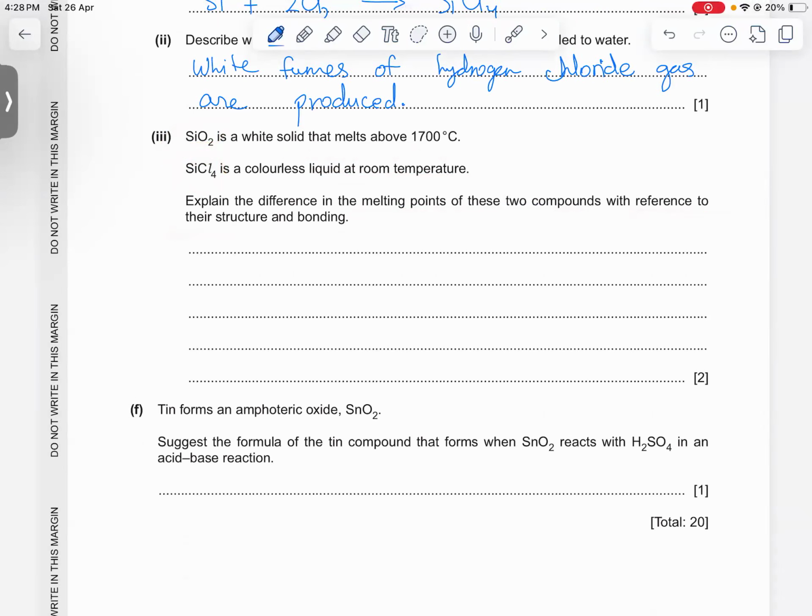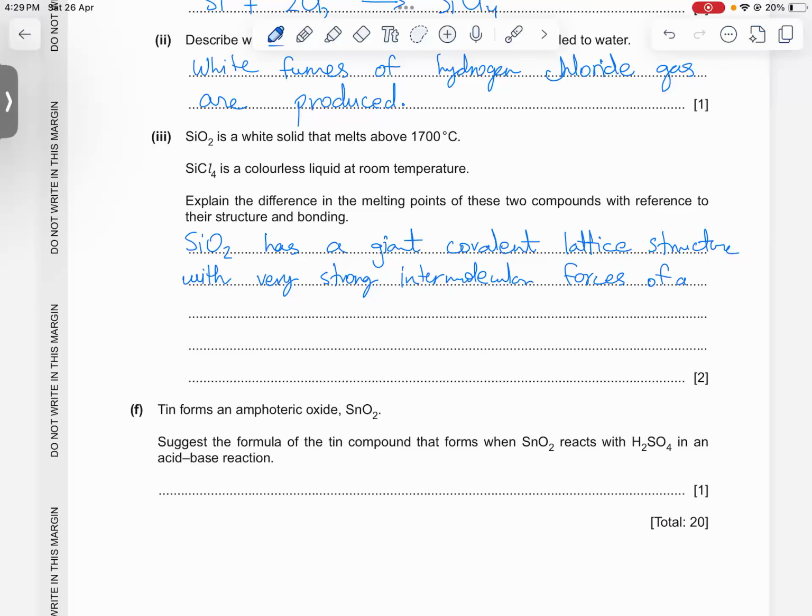So we are going to say that SiO2 has a giant covalent lattice structure with very strong intermolecular forces of attraction.